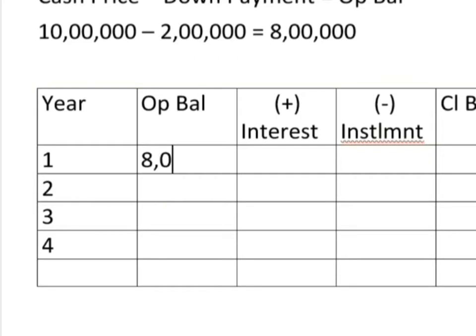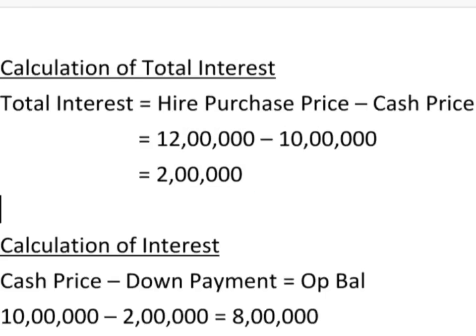So a table for 4 years we will prepare. Opening balance we know is 8 lakhs, but interest, students, this time they have not given any rate of interest, and therefore in such case how the interest should be divided, that is what we are going to see. If rate of interest is not given in the question, then total interest should be divided in the 4 years as follows.